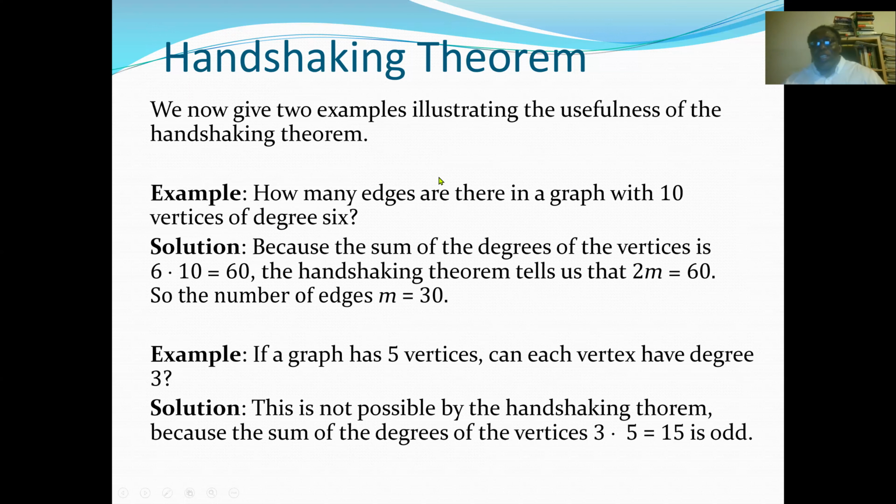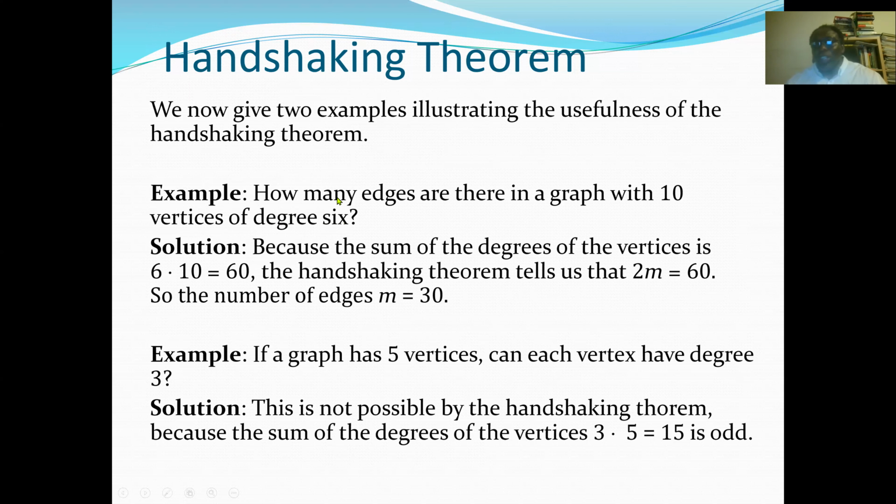I cannot just say the answer will be 60. Each vertex has what? Since the degree of the vertex is 6, each vertex has 6 edges.